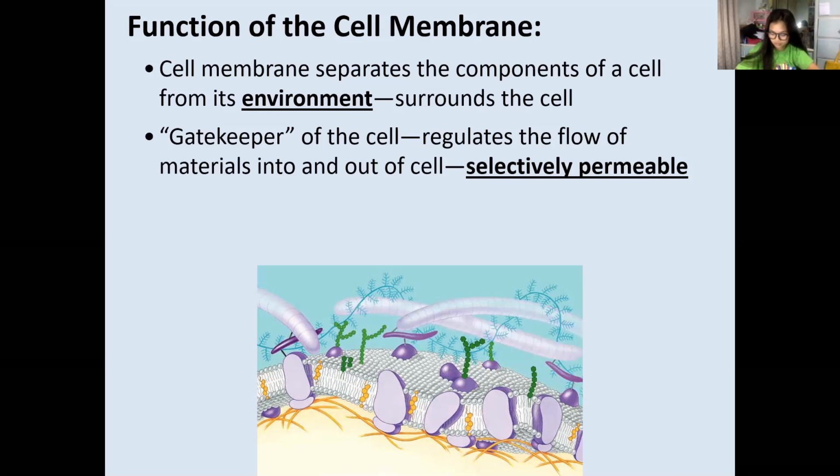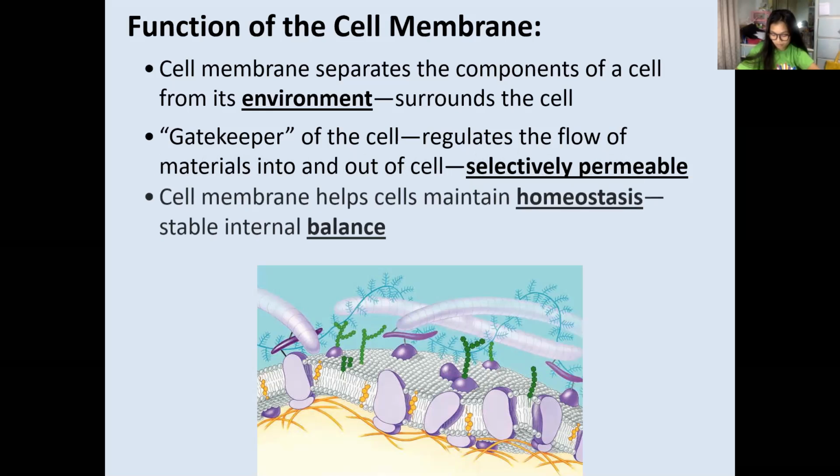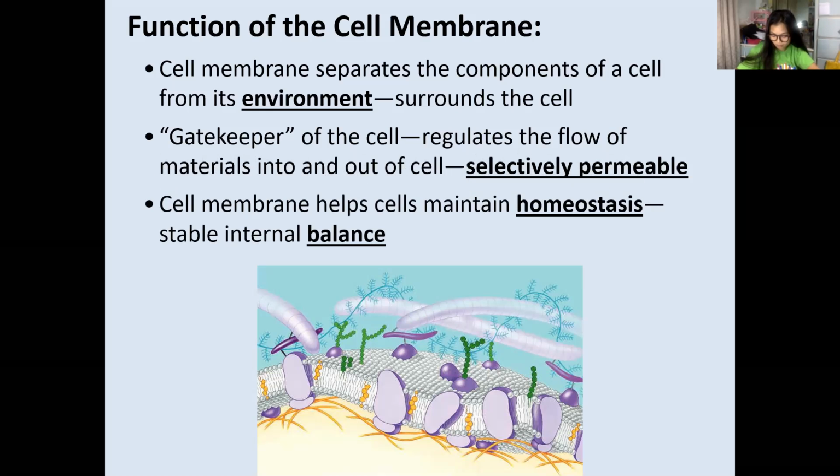The cell membrane in particular helps to maintain homeostasis, or the internal balance of your cell environment. Now class, this is the core of our discussion right now. Homeostasis: balance between the external and the internal environment.